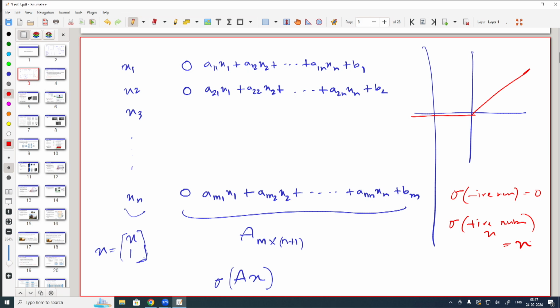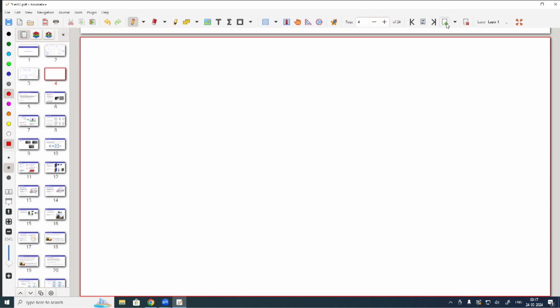Okay. So, this is a very quick overview of neural networks. Now, coming back to why we need an activation function, the reason is like this. Here is my input. First, let me explain what I mean by this.